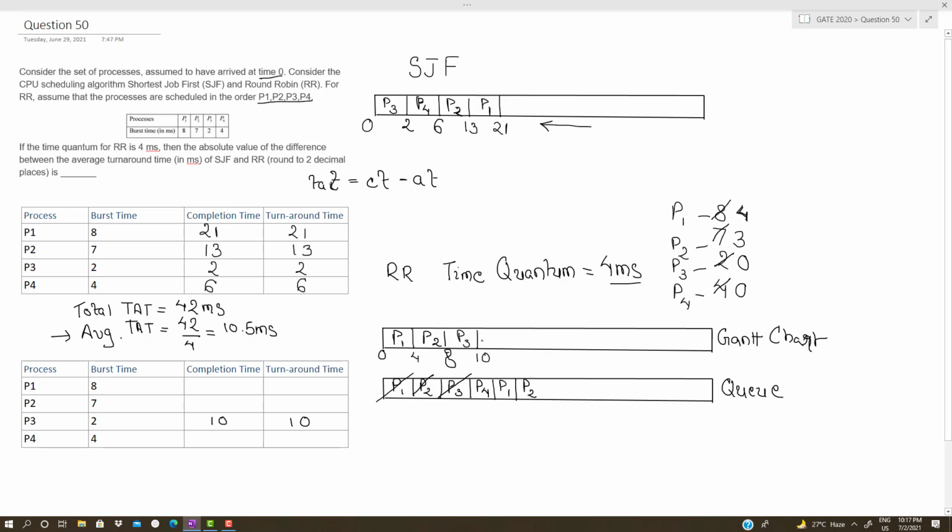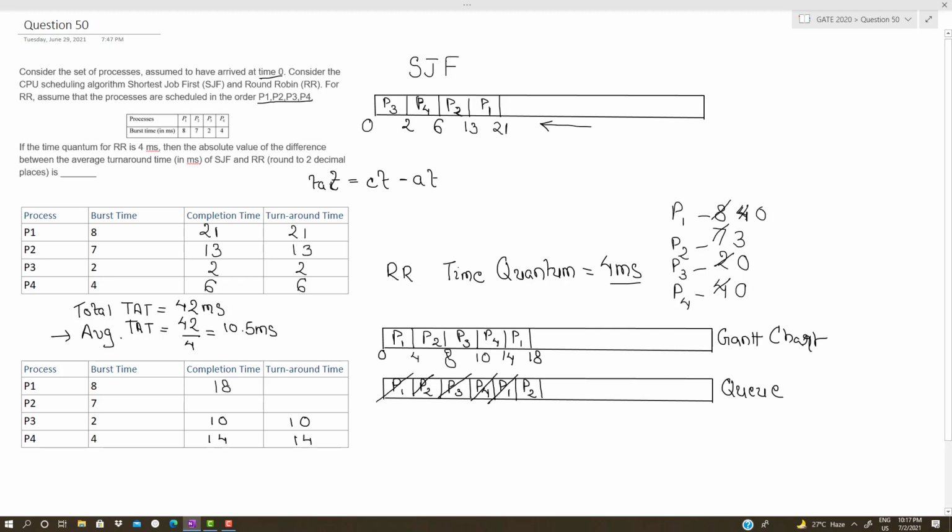It will complete its execution at time equal to 14, and it will be popped from the queue and it will not be pushed back. Now P1 gets popped from the queue. P1 is executing for its entire time quantum. The remaining burst time of P1 is 0, so we know that P1 is also over.